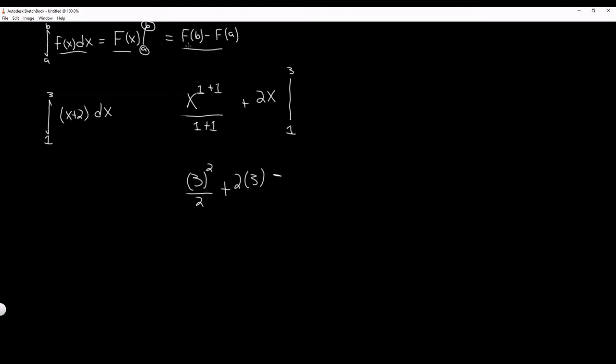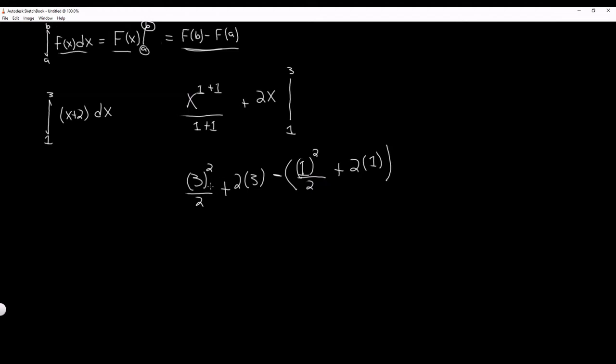Then we subtract F of a, where a is 1, so we're going to subtract 1 squared divided by 2 plus 2 times 1.